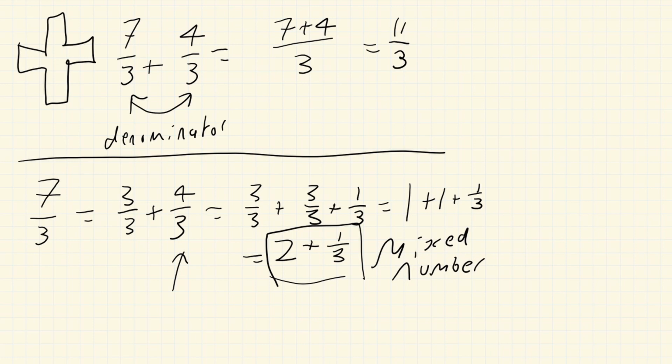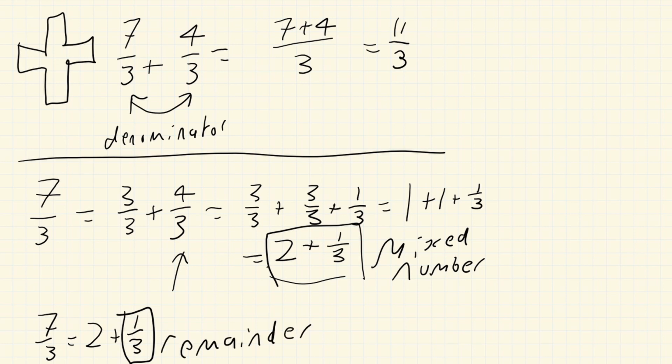A lot of times we'll want to write fractions like that because you're kind of saying, if I divide 7 by 3, the answer I get is 2 and then this extra 1/3. So 7 divided by 3, we've just shown, is equal to 2, add this annoying fraction that isn't a nice number, and we call that the remainder when we divide.